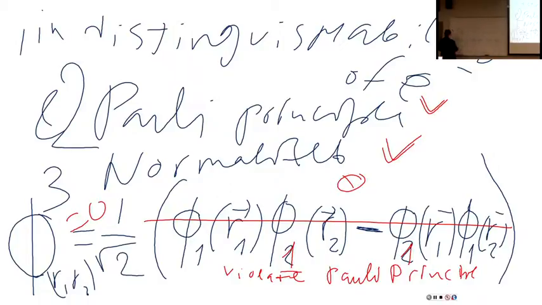Let's just try it. So phi of R2, R1, and here let's follow this rule. So phi 1 of R2, phi 2 of R1. No errors, right? I just practiced this work. Now here, minus phi 1 R1, phi 2 R2, right?